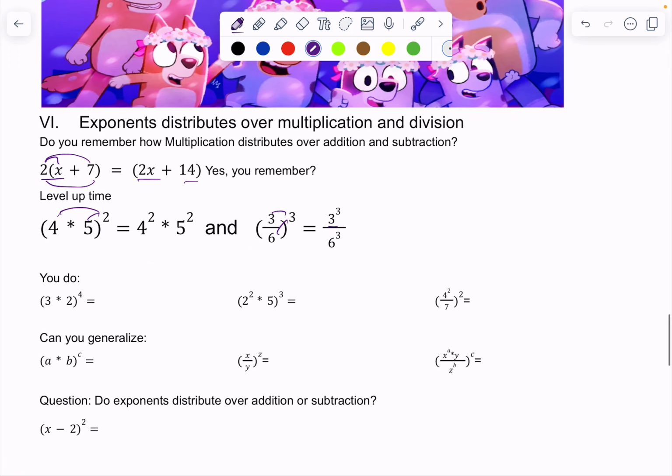You try that. Distribute. Pause if you need to. Otherwise, you have a head start. Go. Distribute. 3 to the 4th times 2 to the 4th.